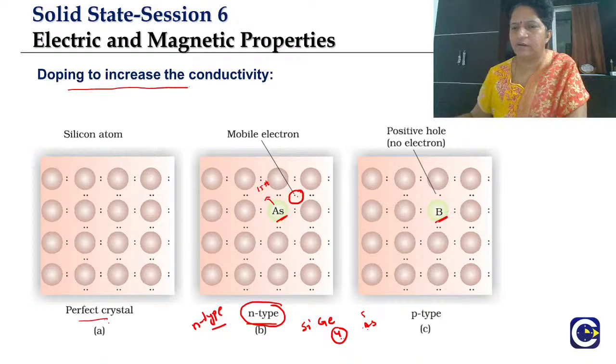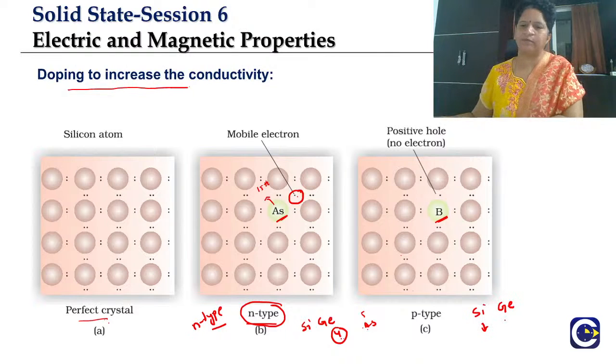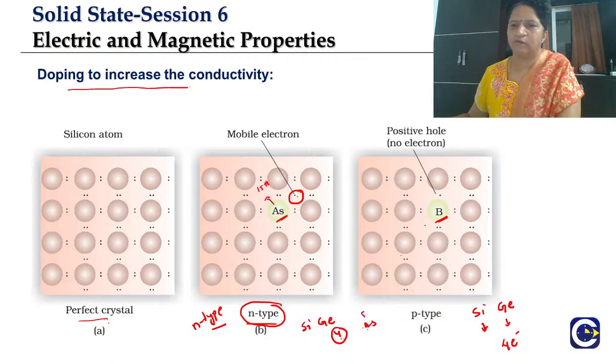Here what did we add? 13th group. When we add 13th group elements, what happens? There will be 1 electron less, less when compared to silicon or germanium. How many electrons are there in silicon and germanium? We have 4 electrons. Out of the 4 electrons, only 3 electrons can form bonds because there are only 3 electrons in boron.